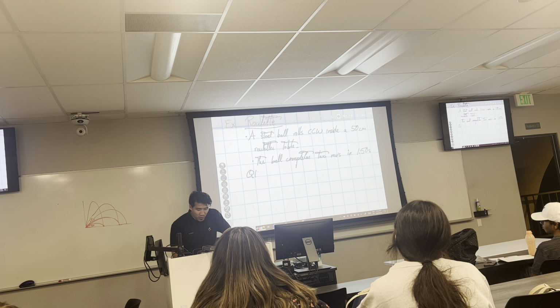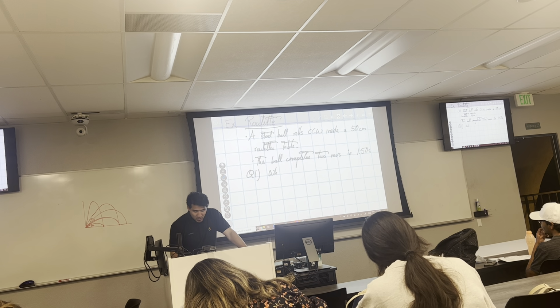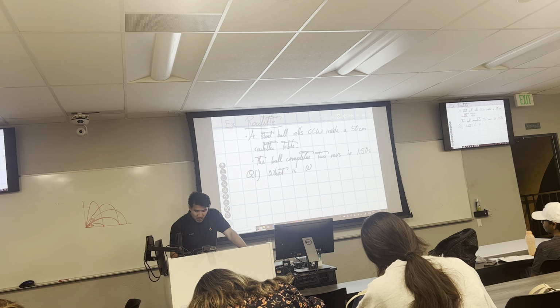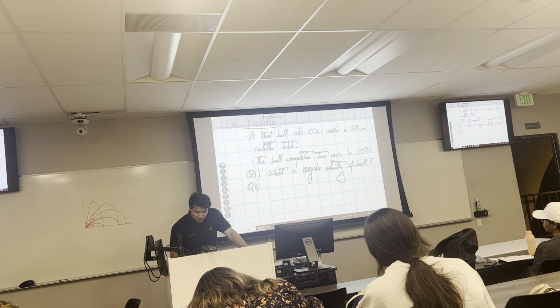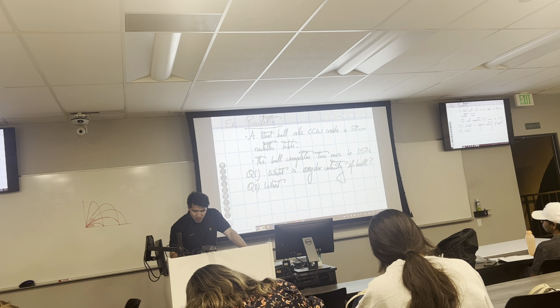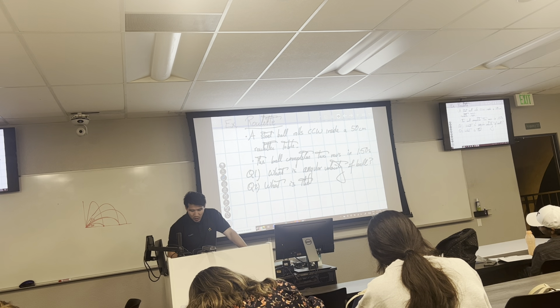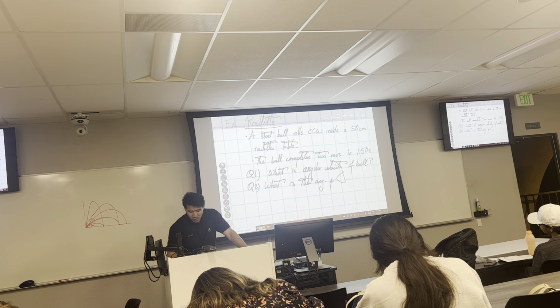And you're asked two different questions. What is the angular velocity of the ball? Question 2, what is the angular position at 2.5 seconds?